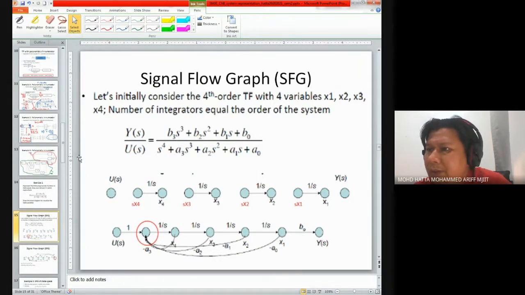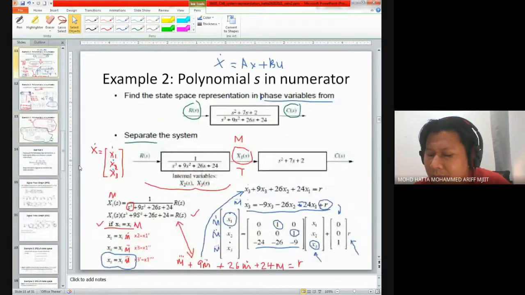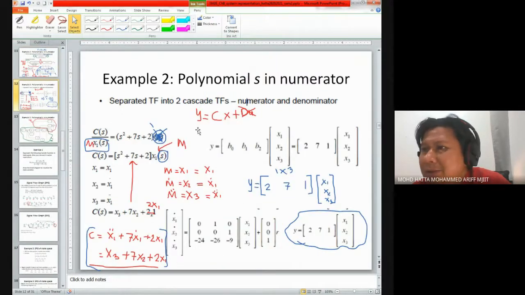All right, now we get into our signal flow graph. Before we get into that, if you look over here, there is a pattern very similar to what we looked at earlier in example 1. Over here we have a diagonal matrix of 1s, and down here we have all our elements based on the transfer function.